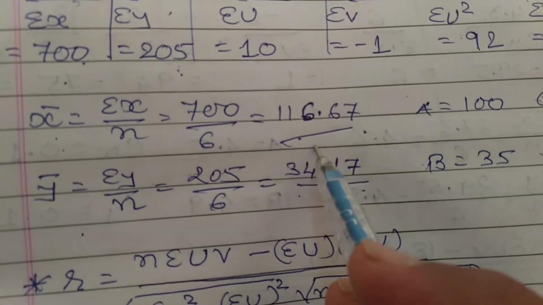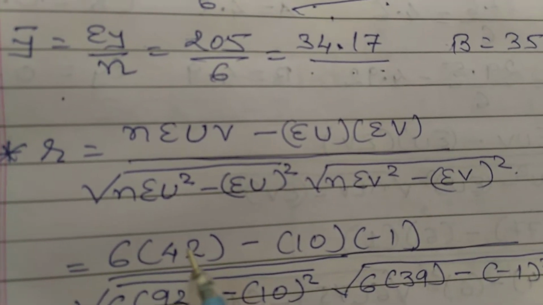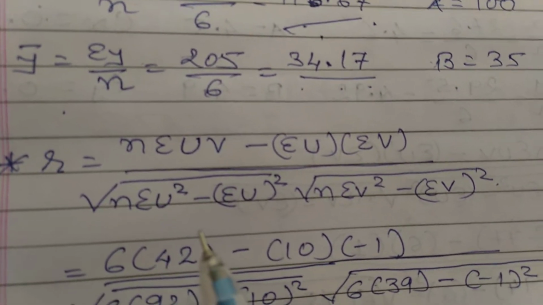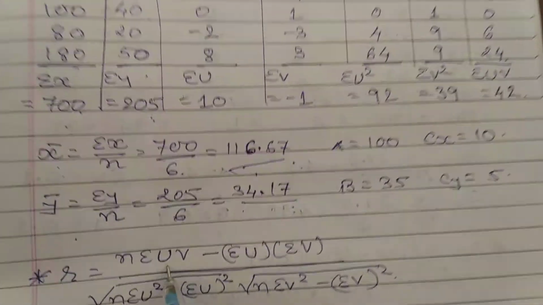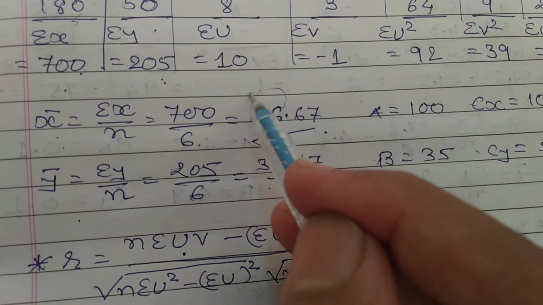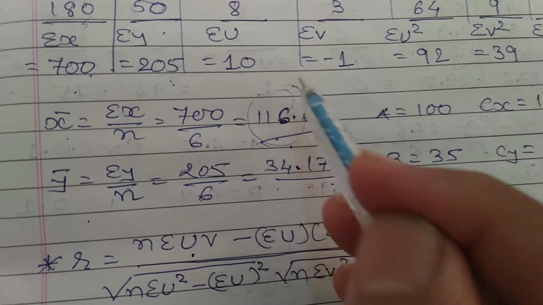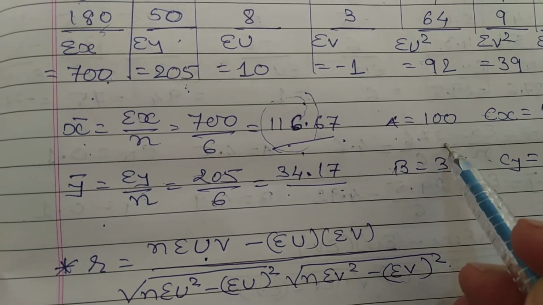That means the formula which we are going to use is the UV method. We have to find it by way of an assumed mean. The formula to find U is equal to x minus A, where A means assumed mean. So the nearest figure to this value you can assume or choose, that is A is equal to 100.